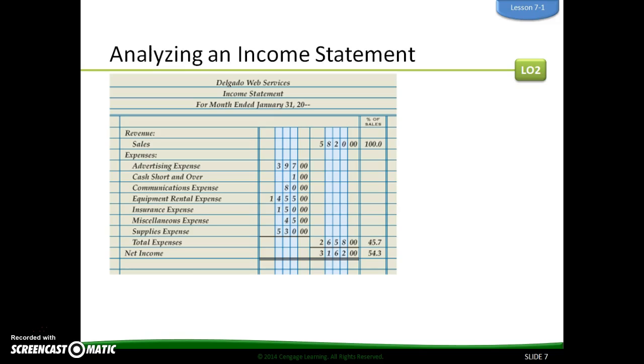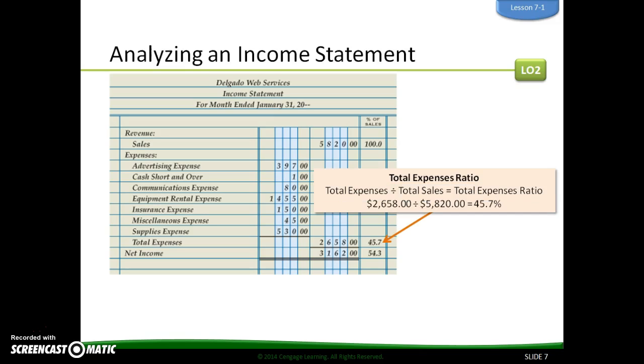So we want to make sure, and there's some great information on page 196 in your book, and I would encourage you as you're looking at some of this information to really dial in on the return on sales piece that's on page 196.